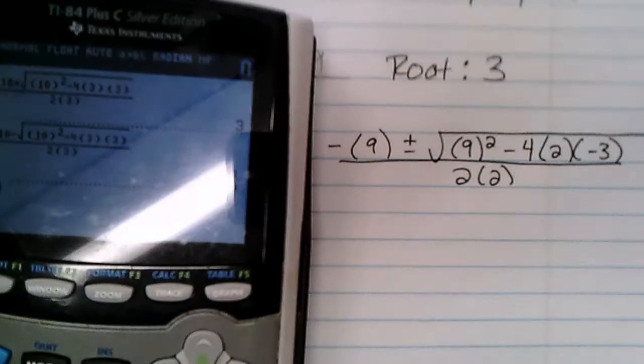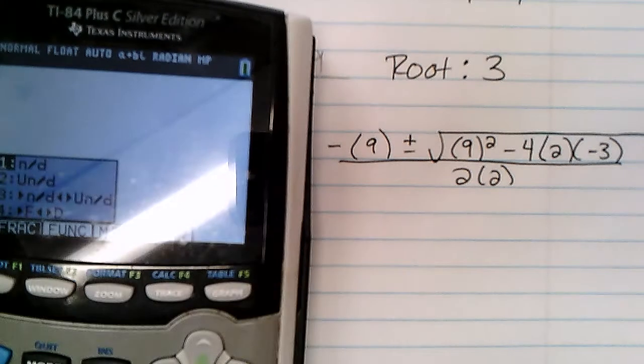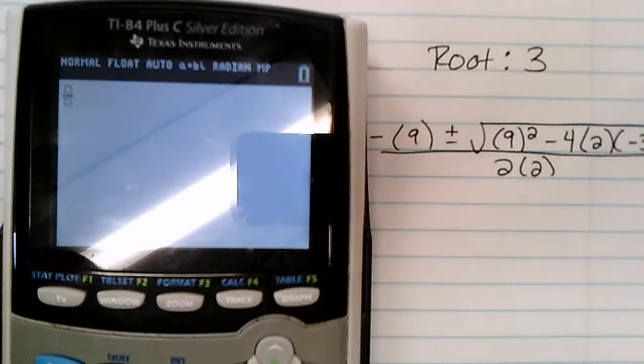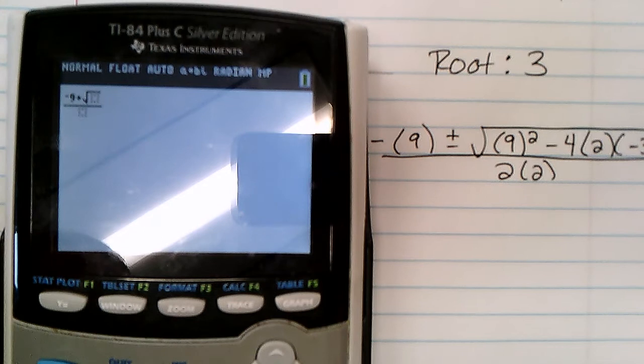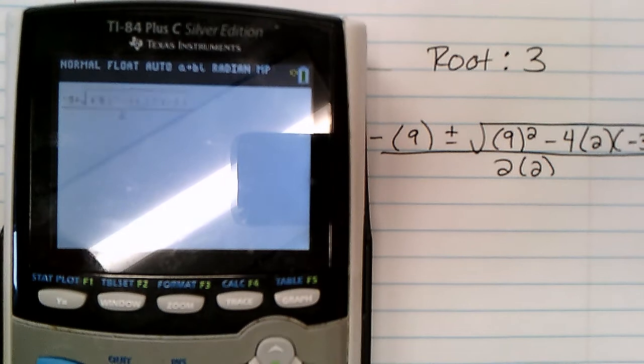All right, so lots of practice of quadratic formula again, which is not a bad thing. Quadratic formula is very useful. So negative 9 plus or minus the square root of 9 squared minus 4 times 2 times negative 3 over 2 times 2.